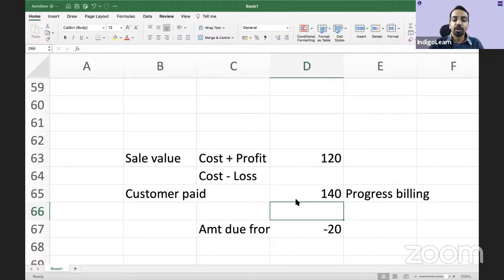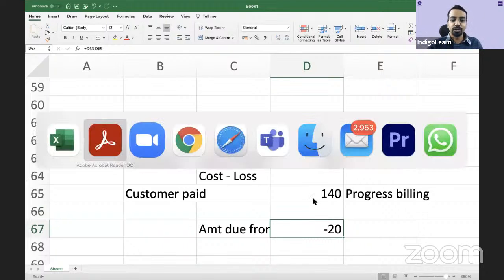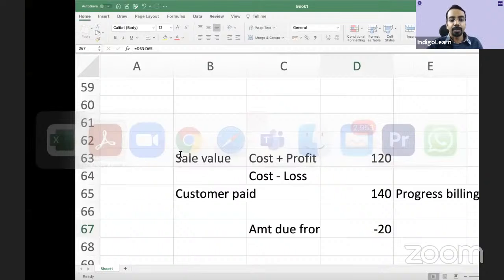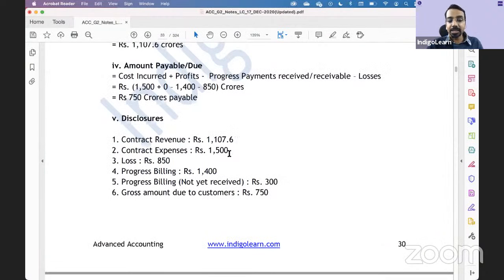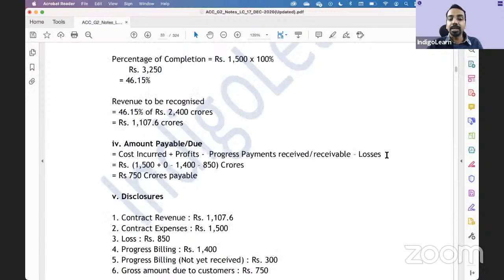That is possible, right? So if it is a negative number, you will call it payable. If it is a positive number, you will show it as receivable. So the formula is cost incurred plus profits minus progress payments received minus losses. So in our case, what is the cost incurred?